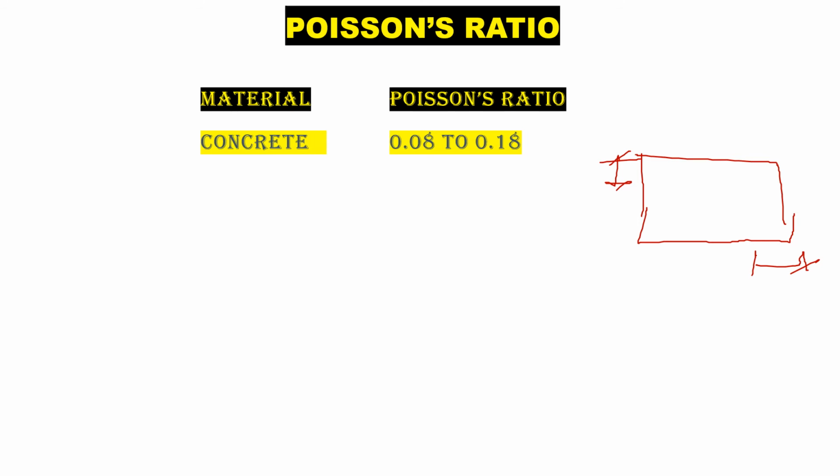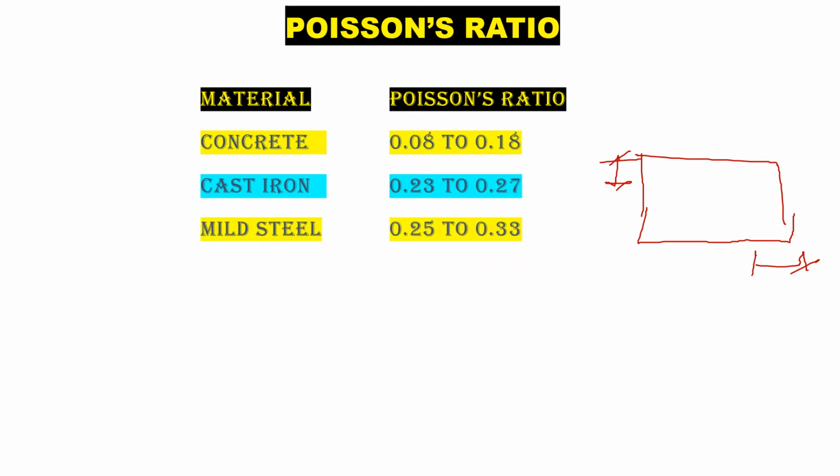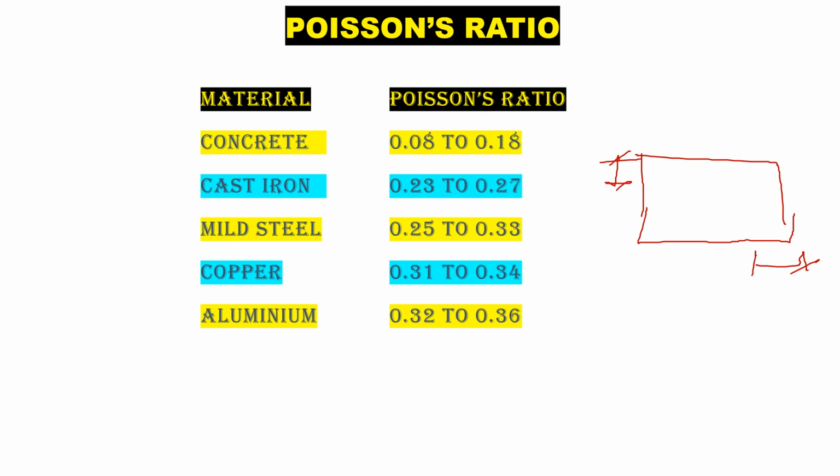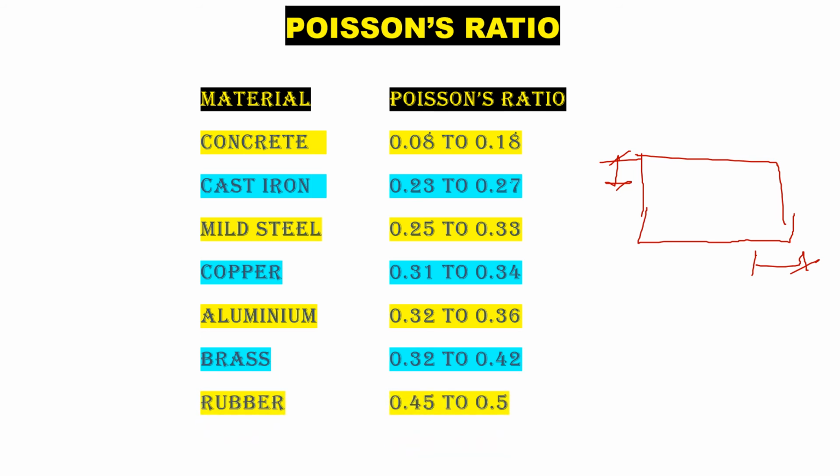Now, Poisson's ratio for cast iron is 0.23 to 0.27. For mild steel, 0.25 to 0.33. For copper, it is 0.31 to 0.34. For aluminium, it is 0.32 to 0.36. For brass, it is 0.32 to 0.42. And for rubber, it is 0.45 to 0.5.